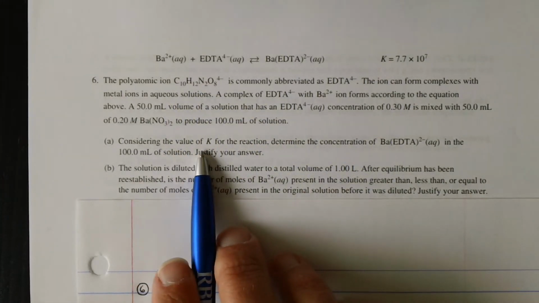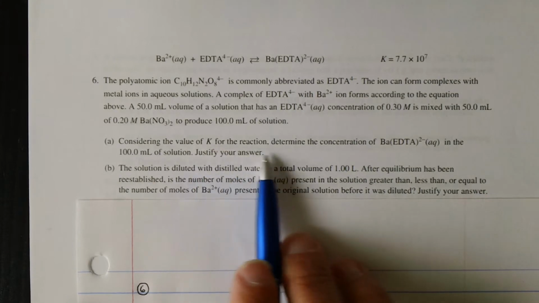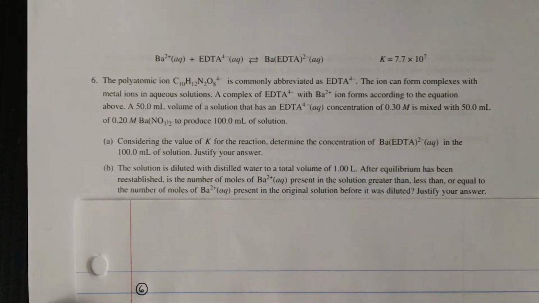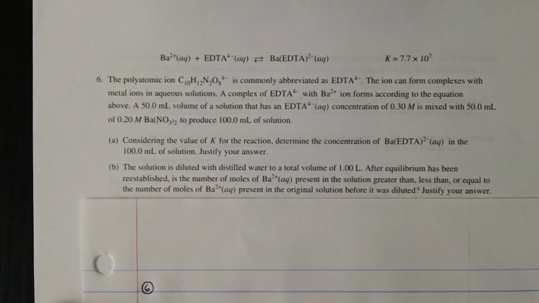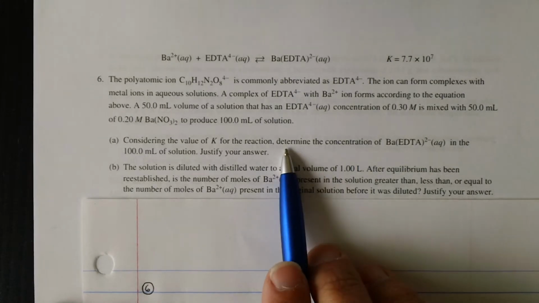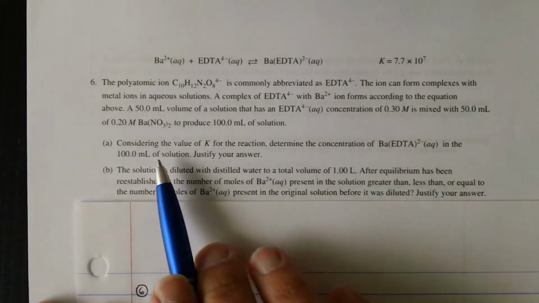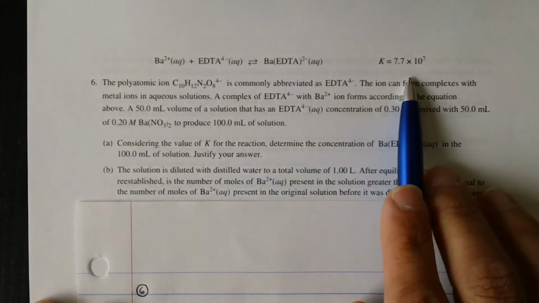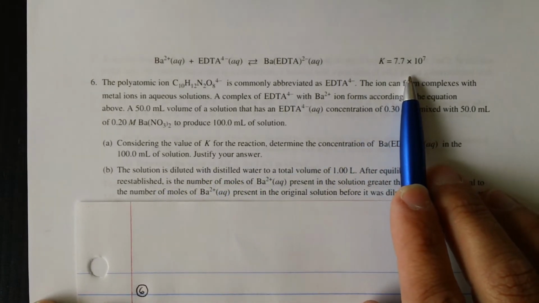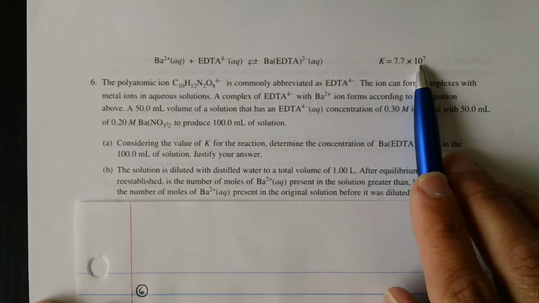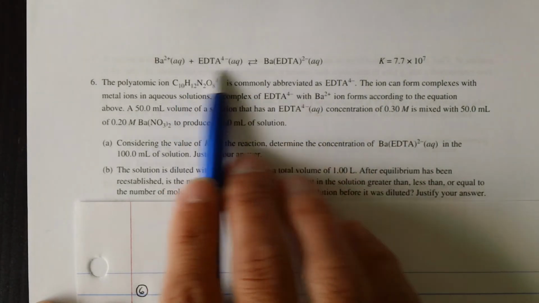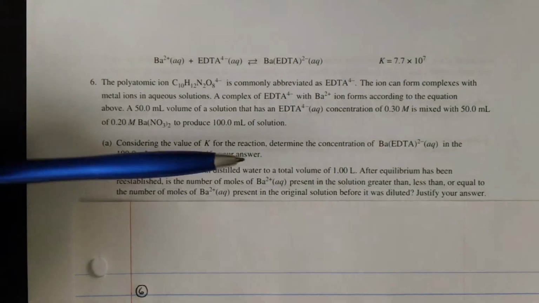And then it says, considering the value of K, determine the concentration of this thing in the 100 mL of solution. We can get caught trying to set up an equilibrium expression. When it says consider the value of K, look at K. It is huge. 7.7 times 10 to the 7th power means what happens to this reaction? Which direction does it favor?